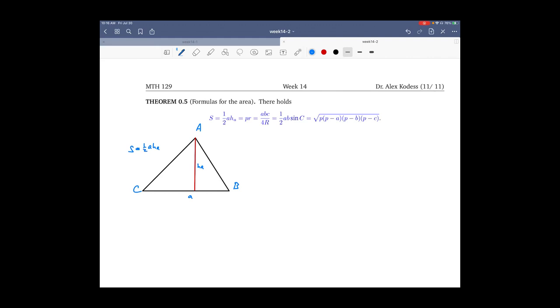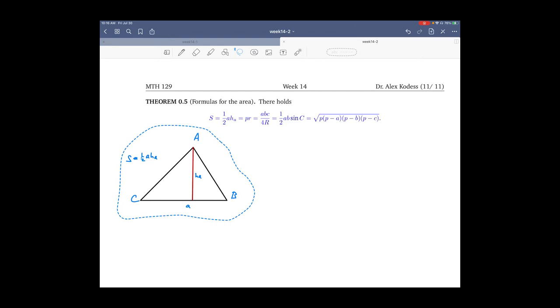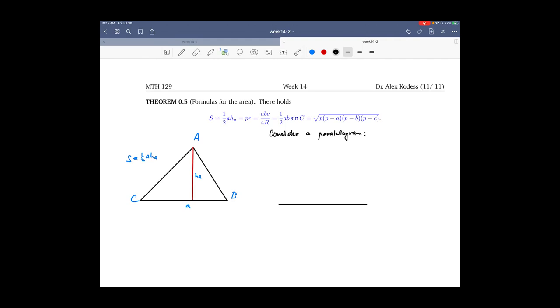Well, the idea is this. First, we show that the area of a parallelogram is the product of one side times the height dropped on that side. So consider a parallelogram. Remember, a parallelogram is a four-gon with both pairs of sides parallel.